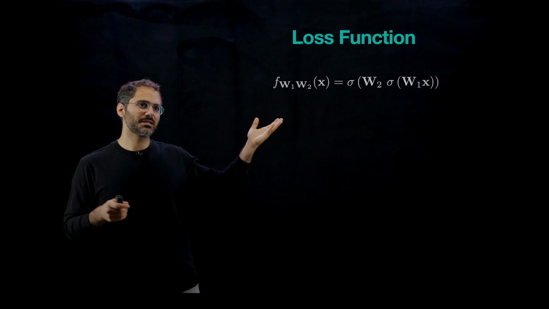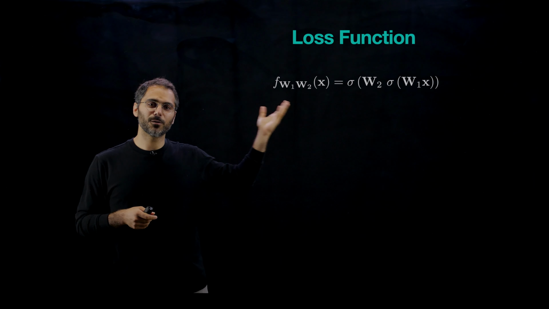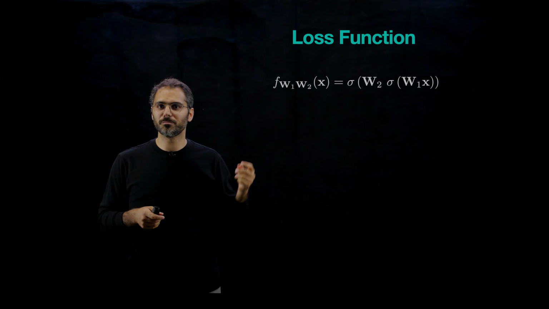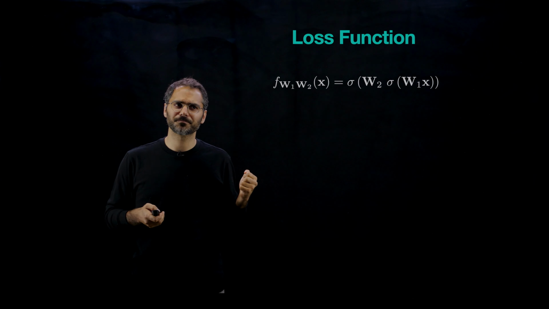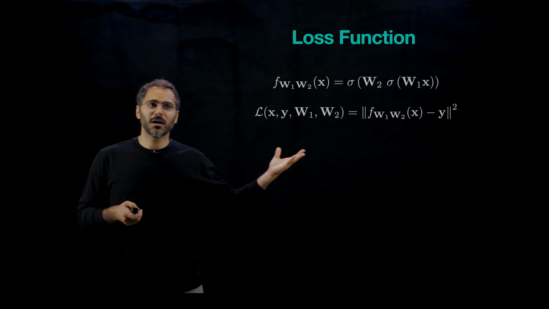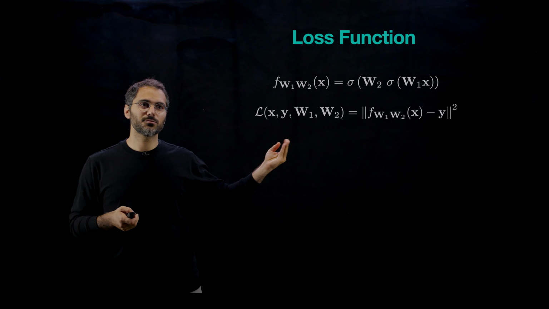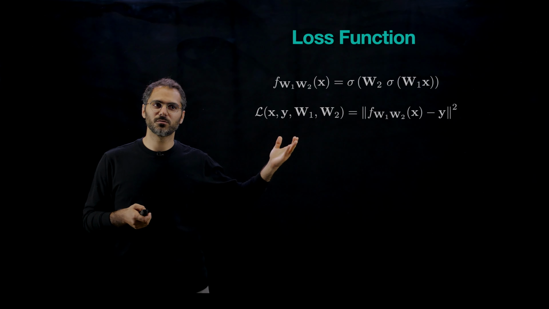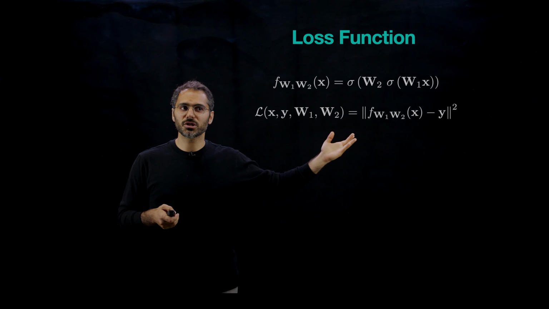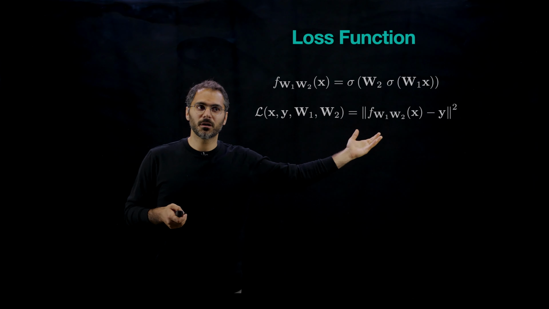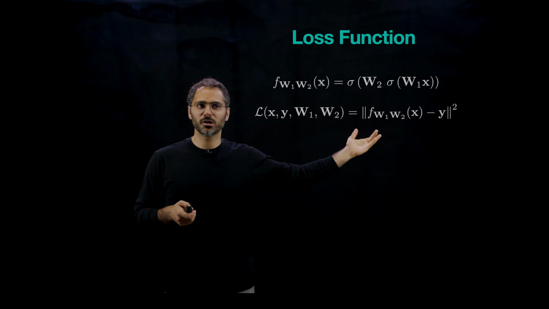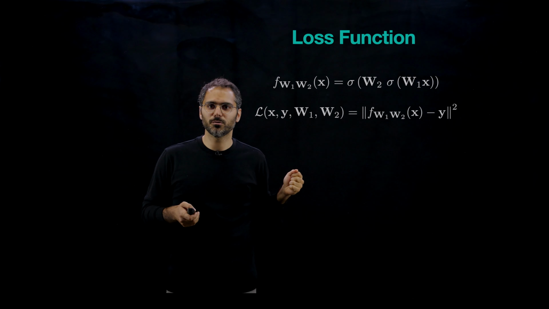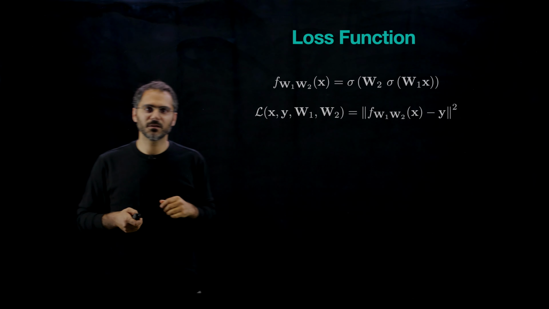I'll take the simplest example, where our neural network has one hidden layer, and therefore two matrices, W1 and W2. Our loss function will look something like this. We have inputs x, output y, and this is the known output y. And the loss is simply the predictor minus y. This is a squared loss, the predictor minus the actual value y, squared, the L2 norm.